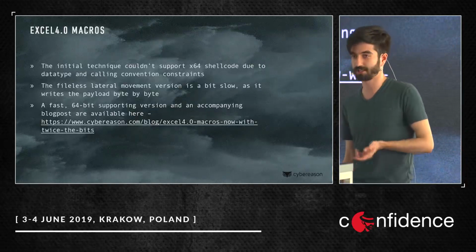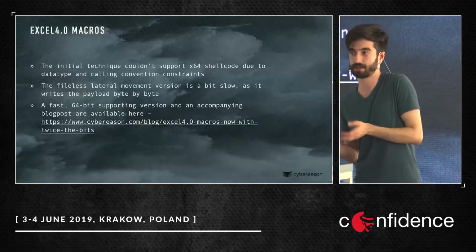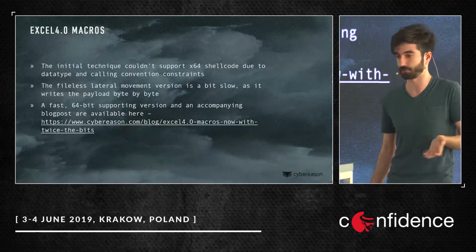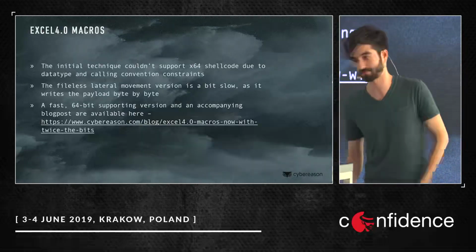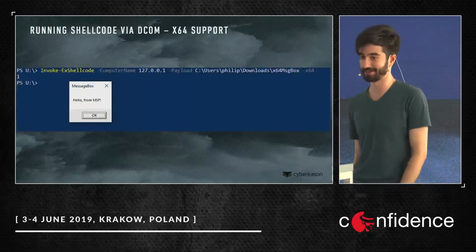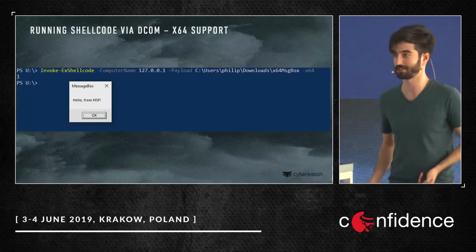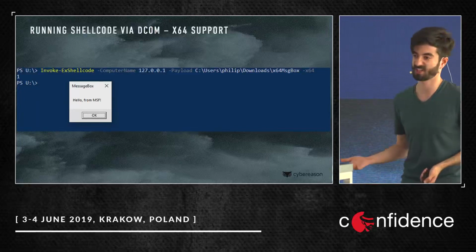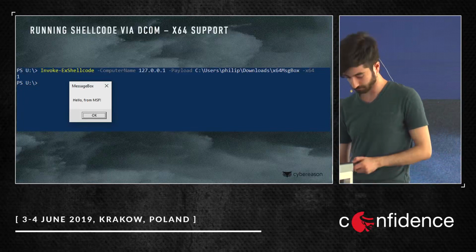But I've recently actually found out how to run 64-bit shellcode through Excel 4.0 macros on 64-bit Excel, and have a short article about it if that's what interests you. Anyway, now I have Invoke-Shellcode, which allows you to run shellcode by Excel remotely, either on 32-bit or 64-bit versions of Office.